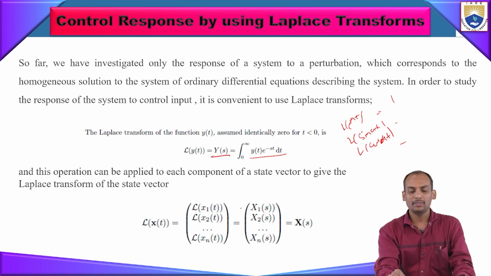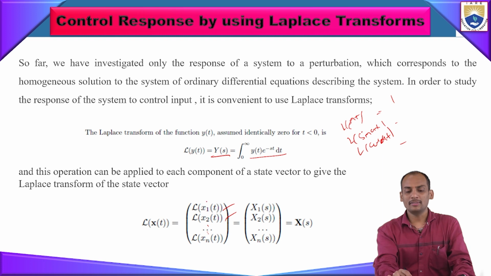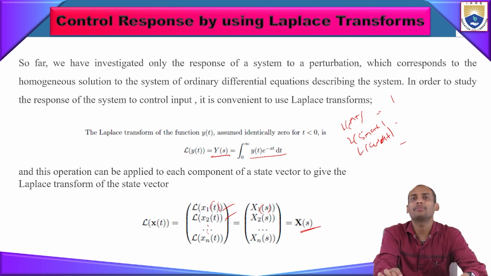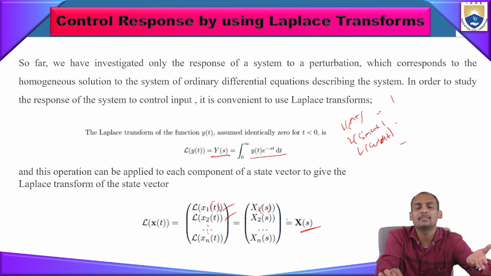Each component will have different values, like L of x1 of t, x2 of t, continuing till xn of t. So a time response function will be converted into a Laplace operator function in terms of s only, which gives an algebraic form, and using the method of partial fractions we again make it into an algebraic equation.